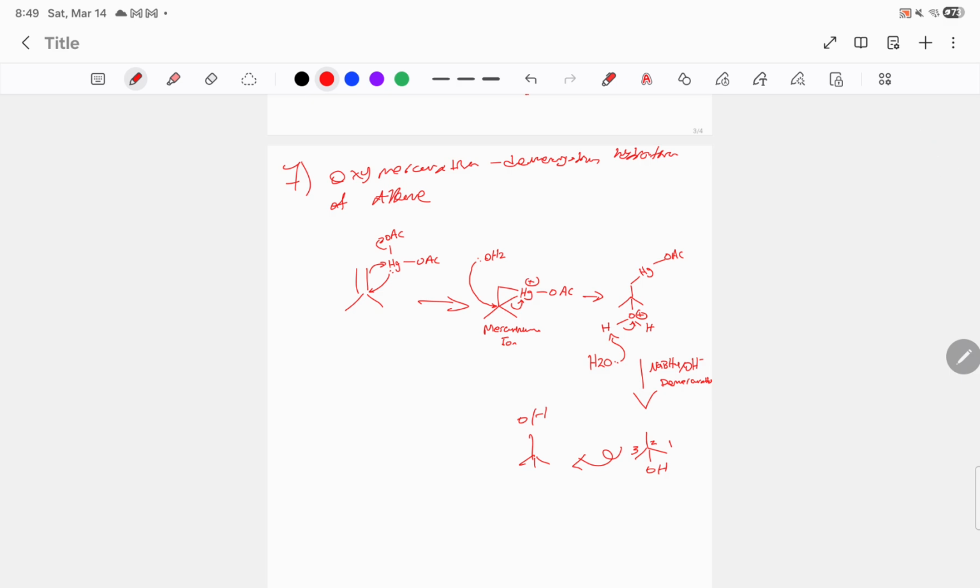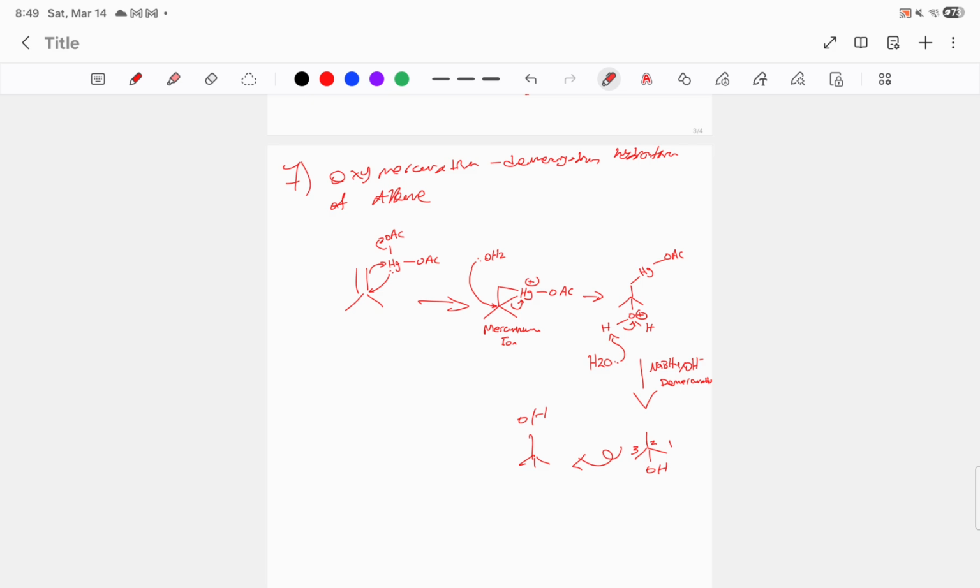So again, let's go over the same things that we usually go over. The reaction type is an addition reaction. Water adds across the double bond via an organomercury intermediate. For the reactants and reagents, you need an alkene, you need mercury 2 acetate in an aqueous THF solution, followed by a sodium borohydride and hydroxide demercuration step.